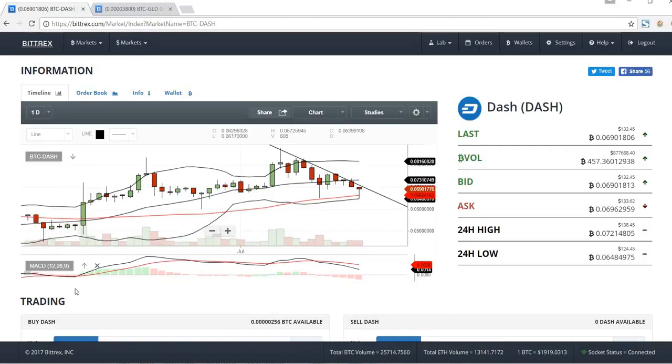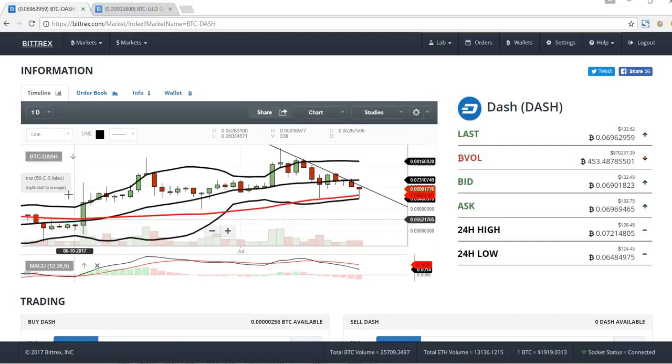Over here, we're actually below 0, and on this day the black line crossed the red line. Also the MACD was below 0. Actually, it was not below 0 on this day, but the previous day it was.